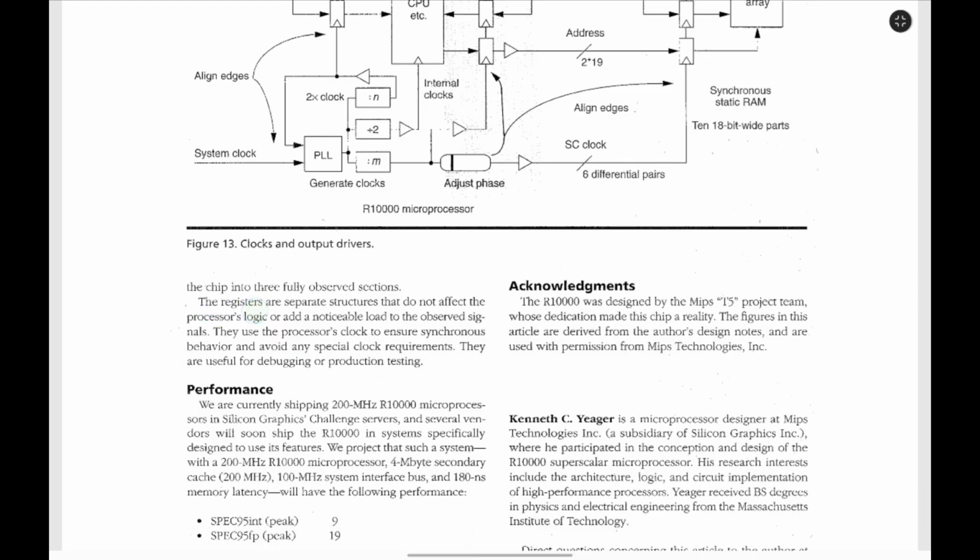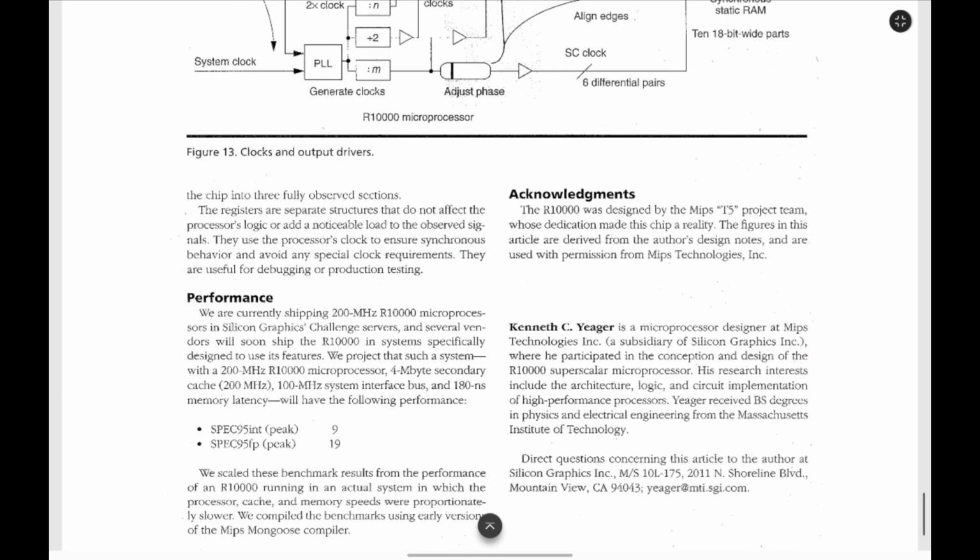The registers are separate structures that do not affect the processor's logic or add noticeable load to observe the signals. They use the processor's clock to ensure synchronous behavior and avoid any special clock requirements. They are useful for debugging or testing.